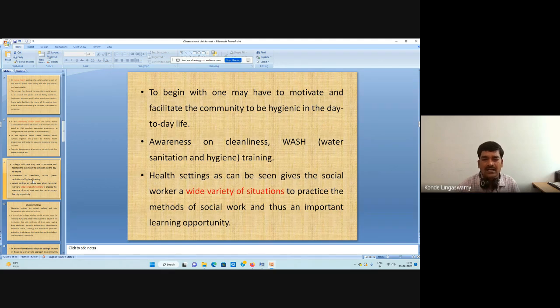For HIV/AIDS, we can also use the social casework method. So there is a lot of scope in health settings. They give the social worker a wide variety of situations to practice the methods of social work, and thus an important learning opportunity to you.